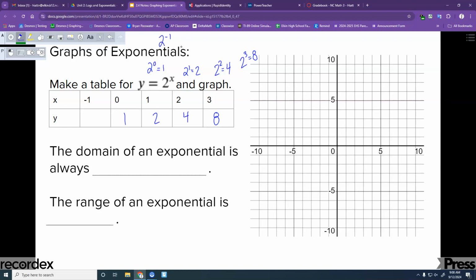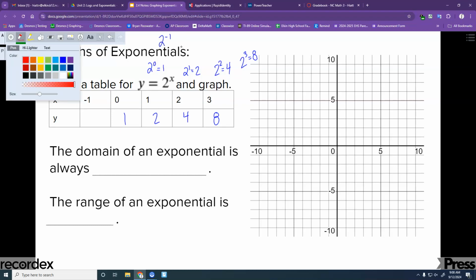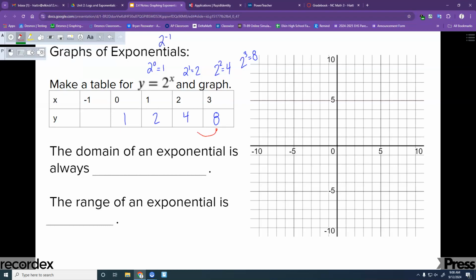Now, let me show you why something to the 0 power is 1. Let's say that I wanted to start right here, and I wanted to get to this number right here. What could I do to get from 8 down to 4? I could divide by 2. I could also subtract 4, but that pattern wouldn't hold. So if I divide by 2 again, 4 divided by 2 gives me 2.